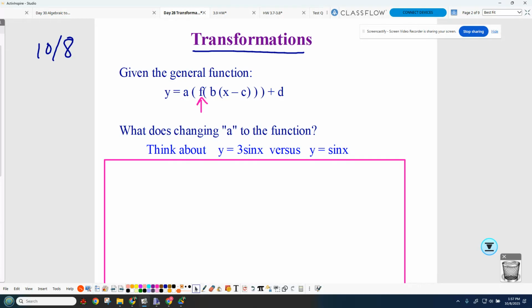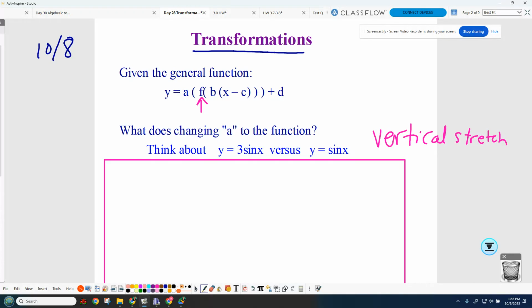So that a, on whatever function, it's a vertical stretch. Okay, if it's 1/3, then it's a vertical shrink. So if the number is less than 1, it's going to get smaller instead of bigger.